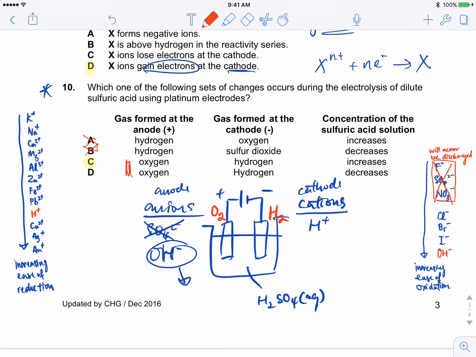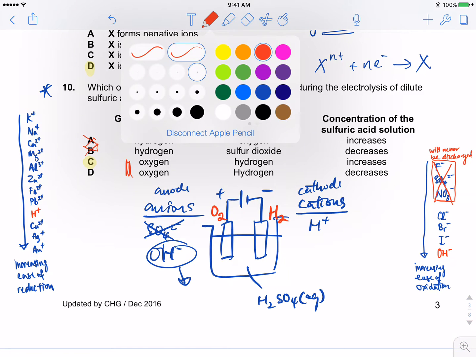Now it's a question of whether the concentration of sulfuric acid will increase or decrease. If you look at this carefully, let's write out the overall equation.